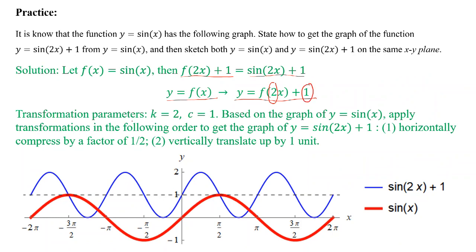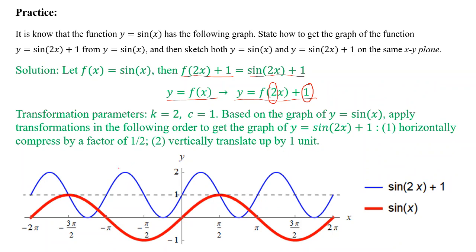So transformation parameters are k being 2, c being 1, based on the graph of y equals sine x. Apply transformation in the following order to get the graph of the new function. First, horizontally compress by a factor of 1/2, and then second, vertically translate up by 1 unit.